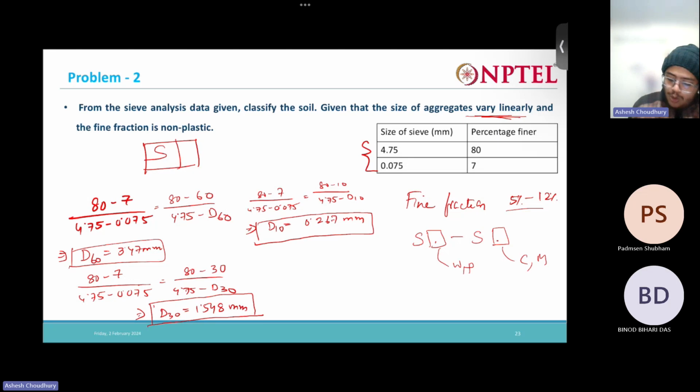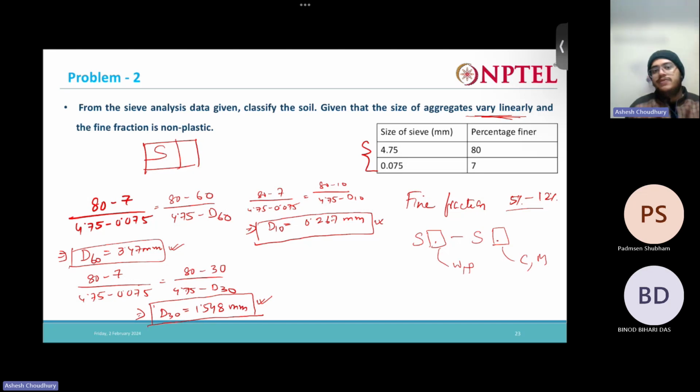That is the reason we did linear interpolation to find out the D10, D60 and D30 sizes.